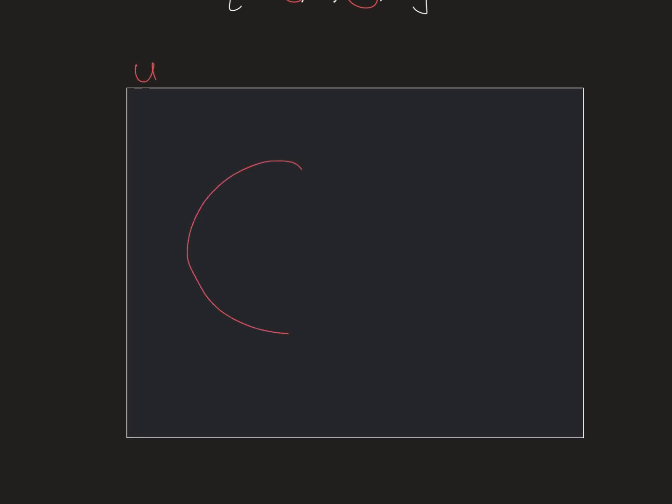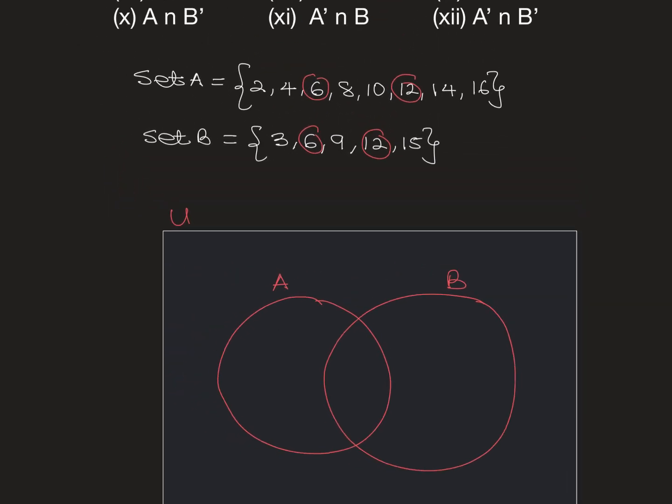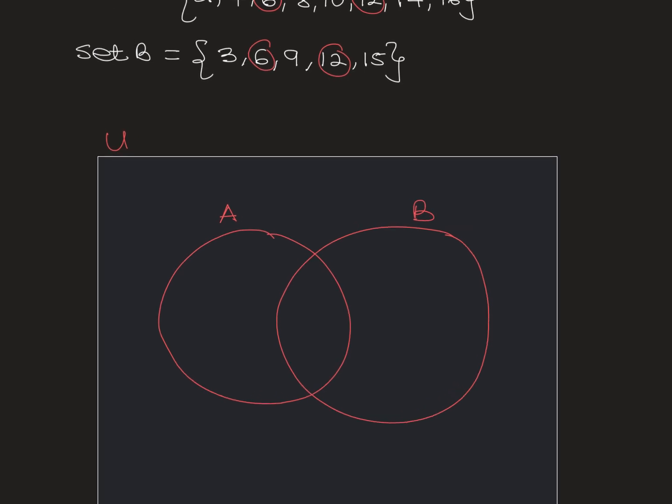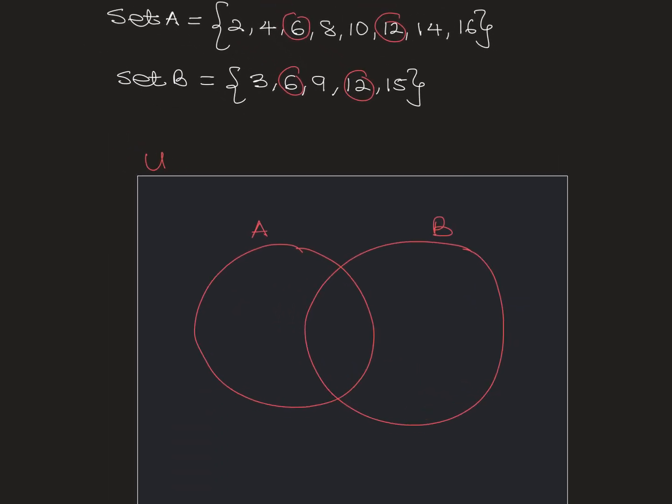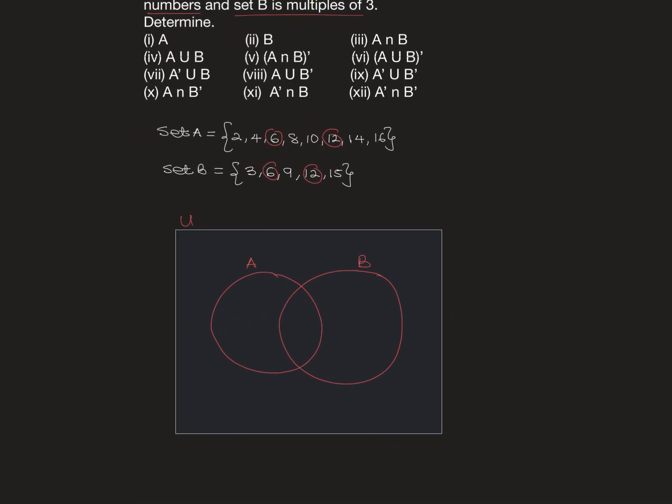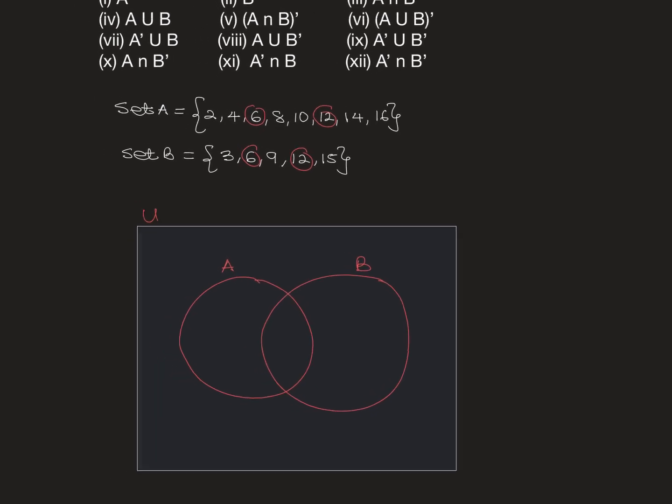We have two sets and there are common members between the two sets, so there will be a point of overlap. So let this be set A and this be set B. Going back to our sets, for set A, we have 2, 4, 6, 8, 10, 12, 14, and 16.